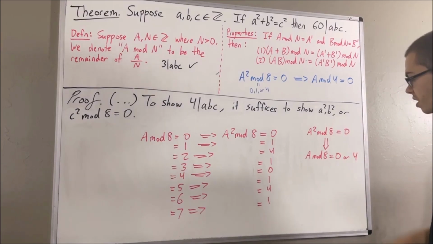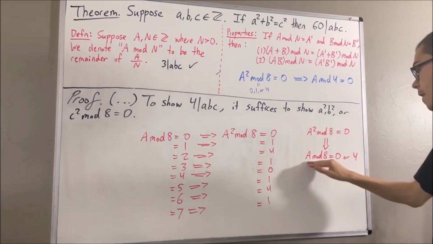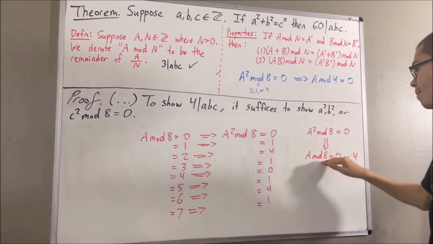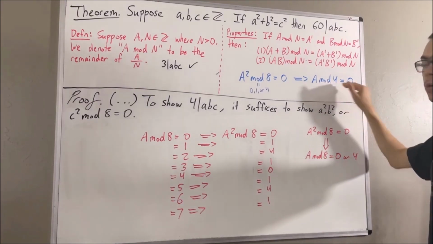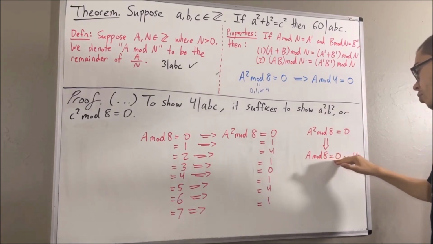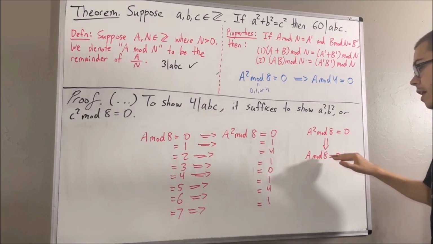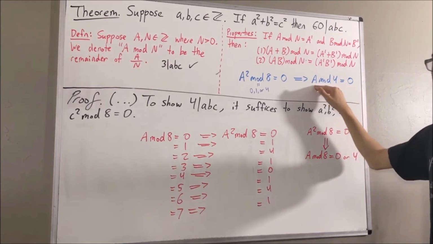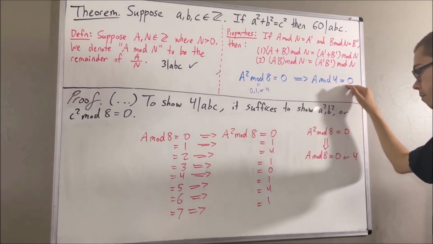And then in each of these 2 cases, if a mod 8 is equal to 0, then a mod 4 is equal to 0. If a mod 8 is equal to 4, then a mod 4 is equal to 0. The reason is, if a mod 8 is equal to 0, this means 8 divides a. So of course, 4 divides a, and therefore a mod 4 is equal to 0.